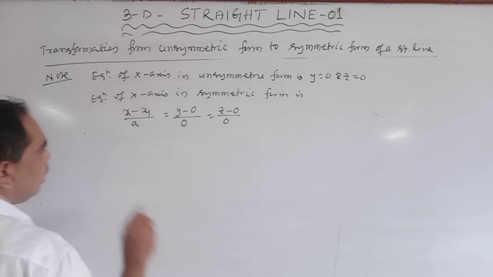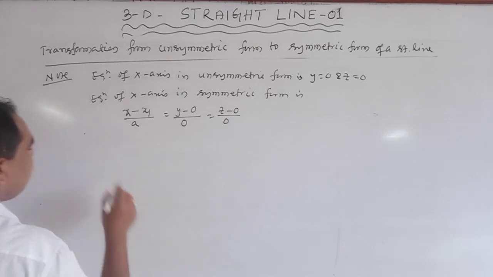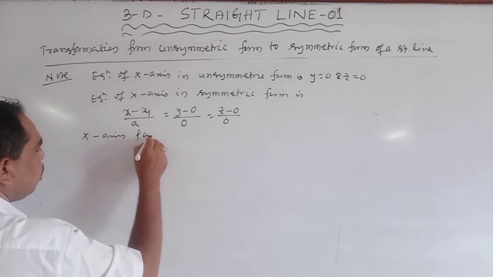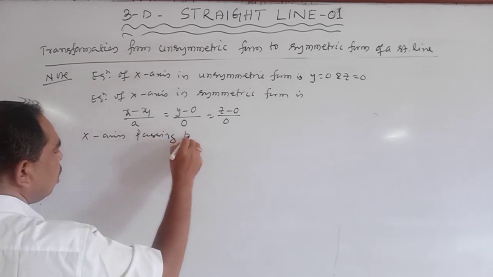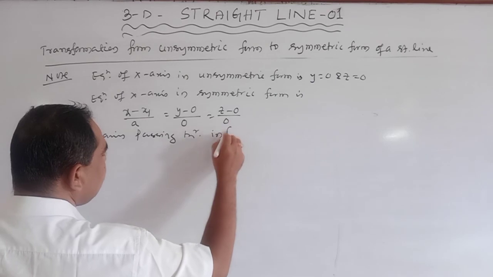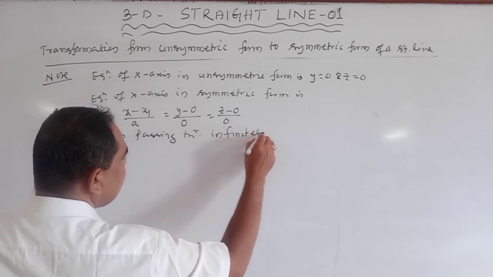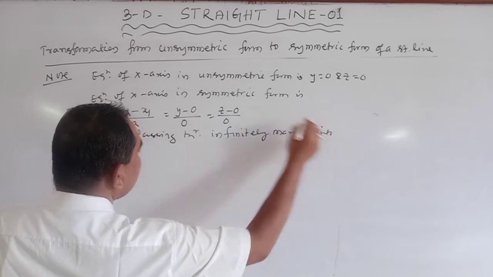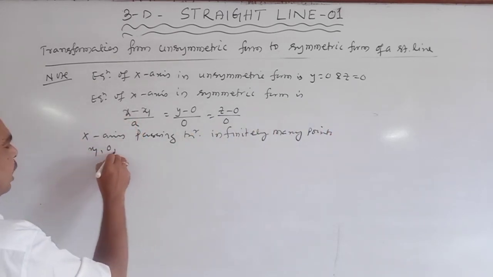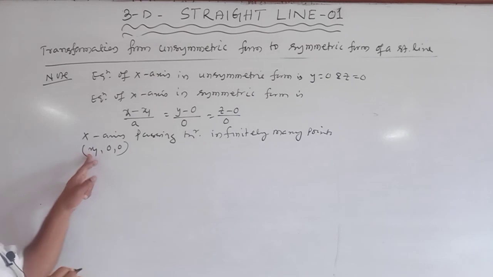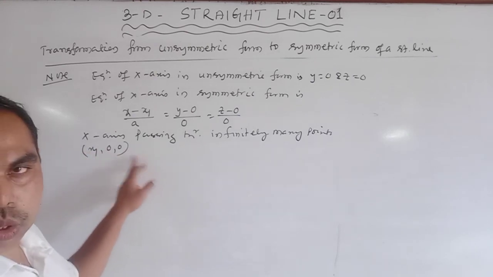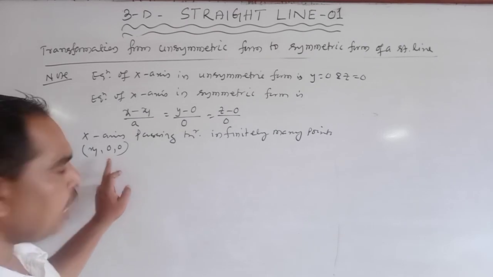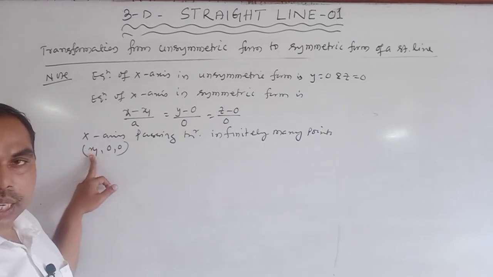The x-axis passes through infinitely many points. So it is x1, 0, 0, meaning 1 0 0, 2 0 0, 3 0 0, 0 0 0. The y and z coordinates should be 0, but the x coordinate can be anything.